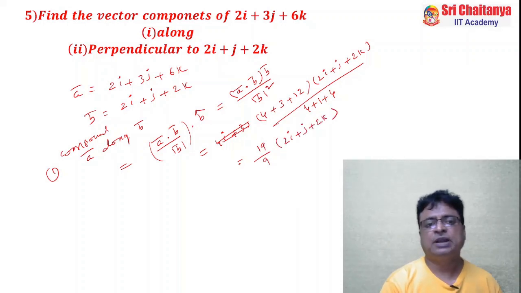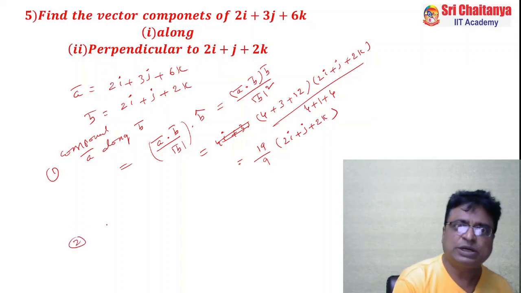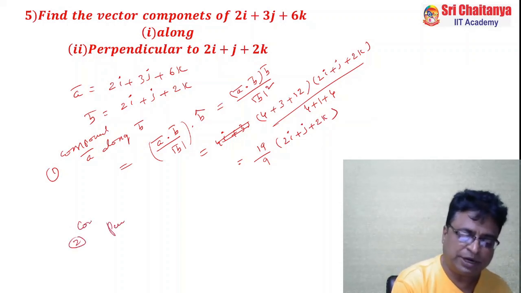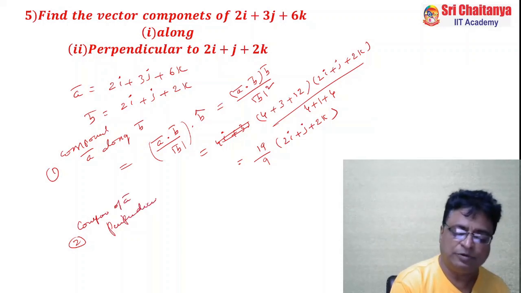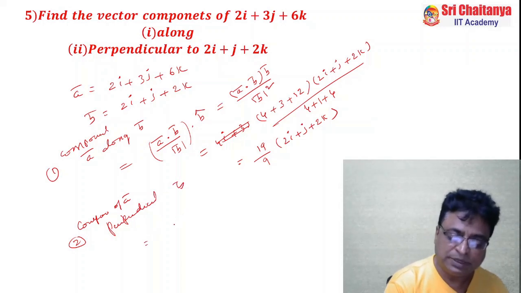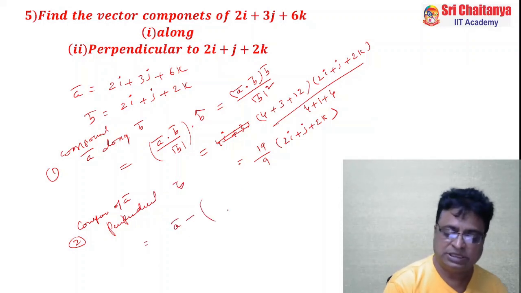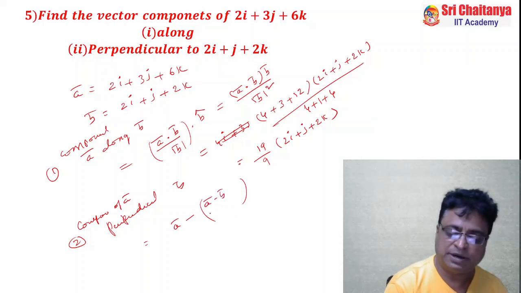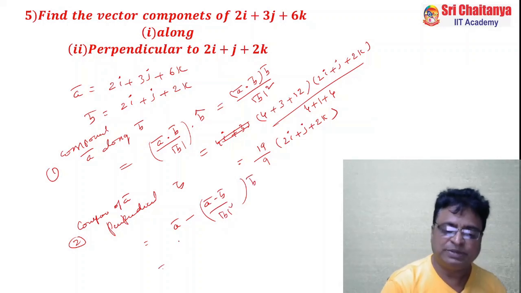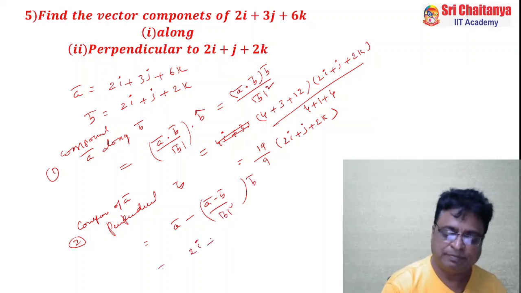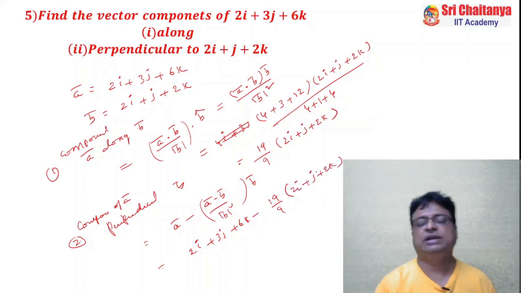Enough. But the second question is the component of a bar perpendicular to b bar. So this is a bar minus the same thing, a bar dot b bar by mod b bar square into b bar. That means 2i plus 3j plus 6k minus 19 by 9 into 2i plus j plus 2k. You will get the answer.